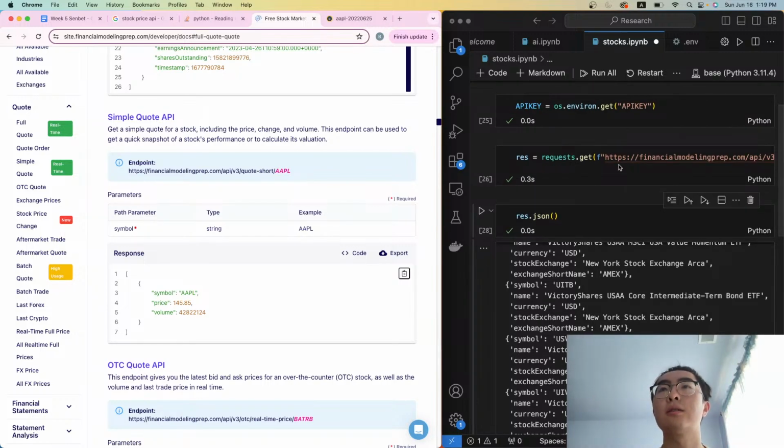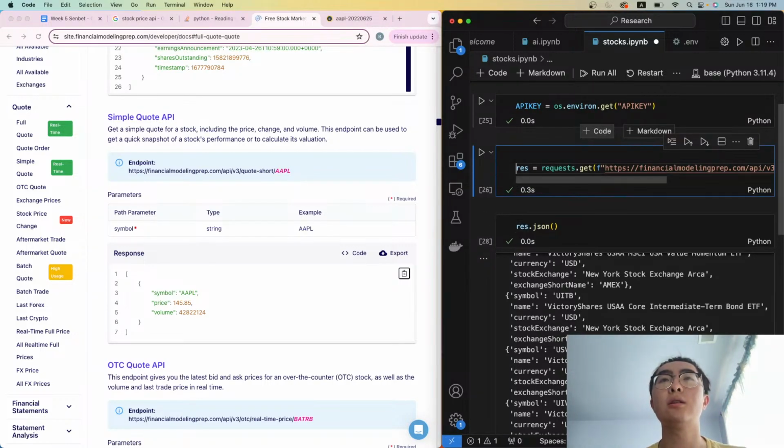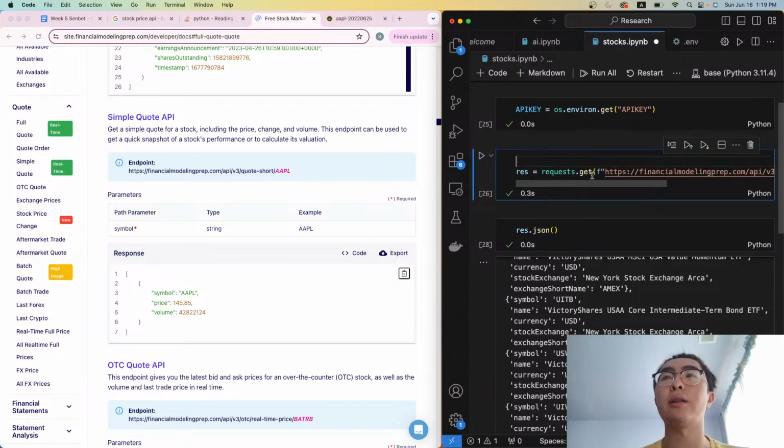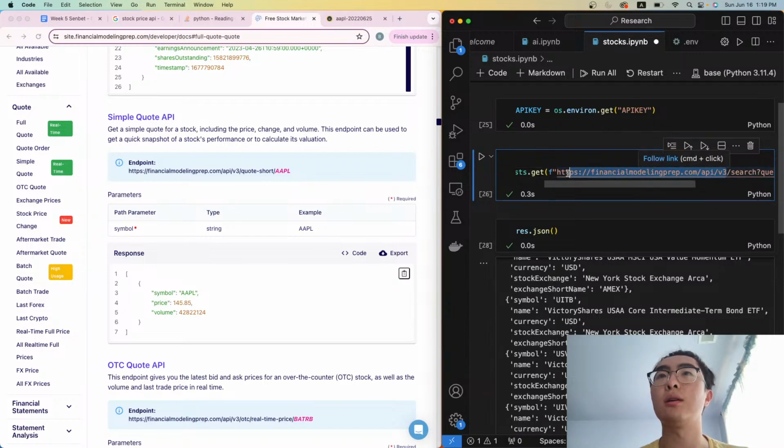Right, okay. Let's see. So endpoints, we want. Okay, so I think we could say here API v3, base URL.